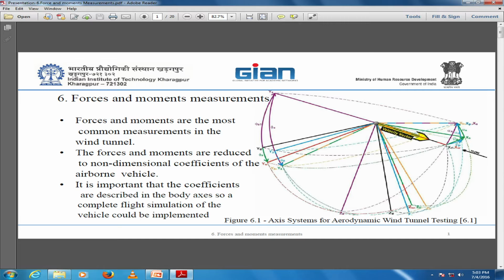With the manual calibration rig, we were claiming 0.5%, but I doubt if it was really 0.5%. But that was the figure that was quoted, 0.5% full scale, which is not so good, because if your balance is 1,000 kgs, 0.5% is 5 kgs. If your model is a bit small, it may be a problem.